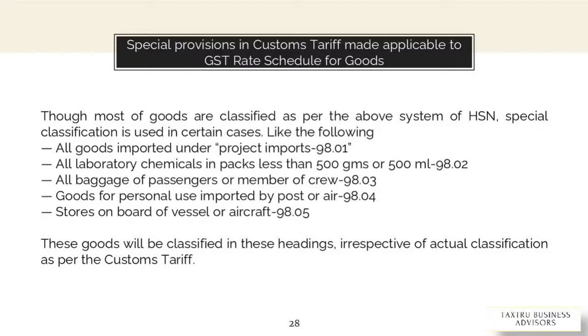If you are importing lab chemicals in packs of less than 500 grams or 500 milliliters, these are specifically mentioned in 9802. All baggage of a passenger or member of crew, 9803. Goods for personal use imported by post and air, 9804. So they have given a specific heading for a few of the items.